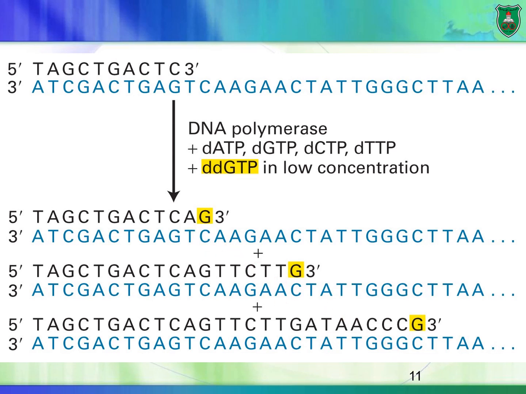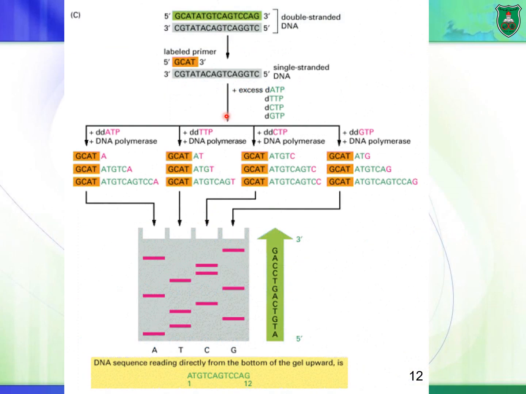Okay, so if we apply this to all 4 different reactions, in the reaction that has a dideoxy-ATP, synthesis would be terminated right here, or right there, right? So synthesis will be terminated right here, and right there.